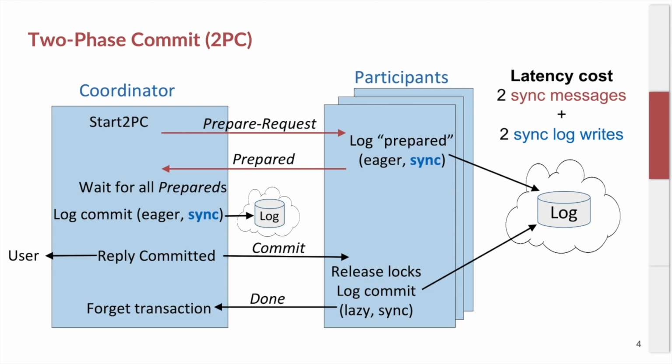The second problem of two-phase commit is blocking. Blocking occurs if participants lose communication with the coordinator during the uncertainty period. These two problems together greatly limit the performance of two-phase commit, especially in a storage disaggregation architecture.